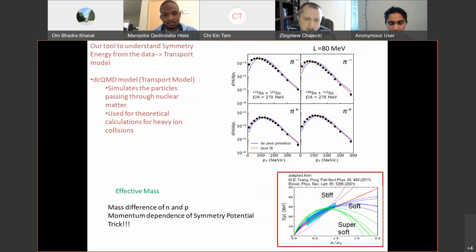So the word transport model comes from the group of models that simulate particles passing through matter, particles interacting with other particles and so on. But then you start looking, there are various classes of models and they have different acronyms because there are different approaches. Someone else wrote the code, put in maybe some physics that the other models don't have, or took a different perspective. That's when you start going into a lot of details, probably outside the scope of this meeting today. But the short story is it basically simulates particles passing through matter.